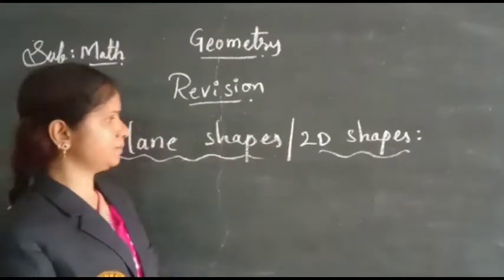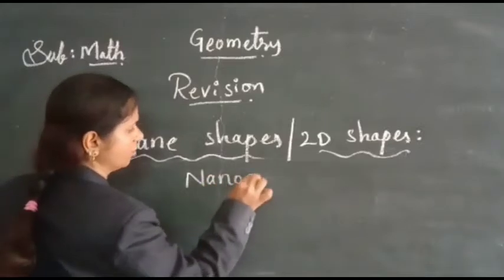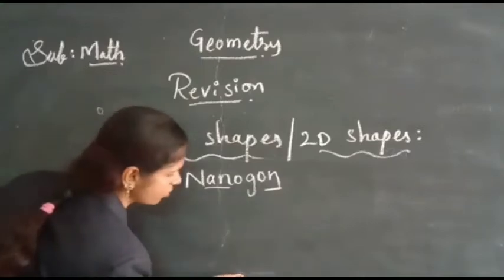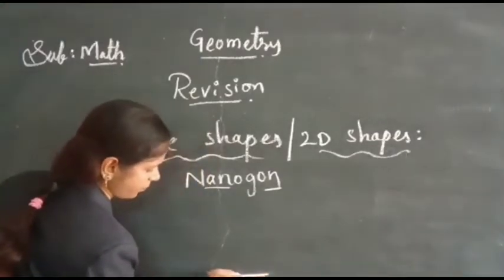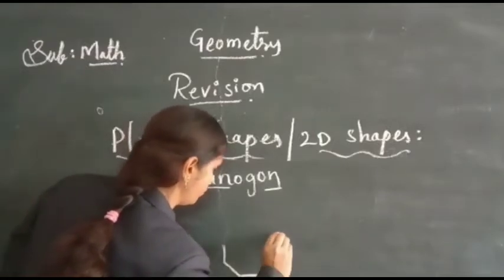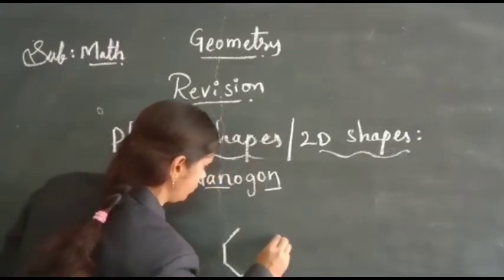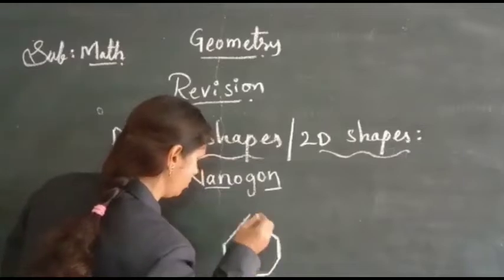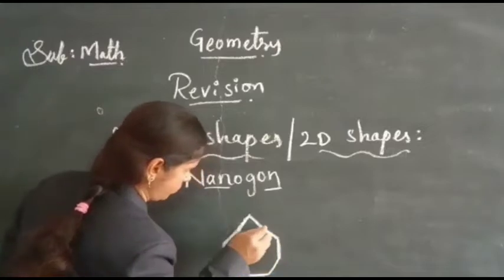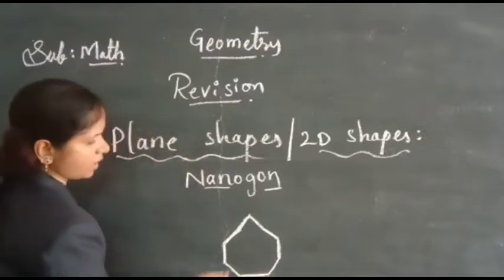Yes, children. The next plane shape, or 2D shape, is the nonagon. Here you can see the shape of a nonagon.